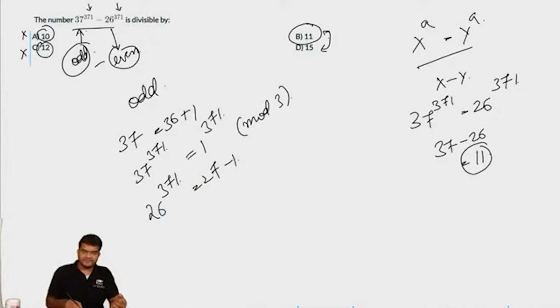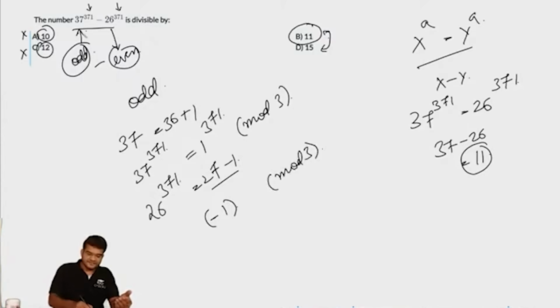So if you are trying to divide 26 to the power 371 by 3, the remainder will be equal to minus 1 because it is raised to an odd power, which is 371. So 27 minus 1 to the power 371 will leave a remainder of minus 1 when it is divided by 3.